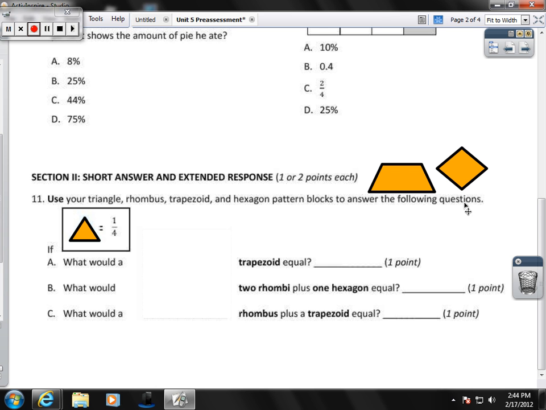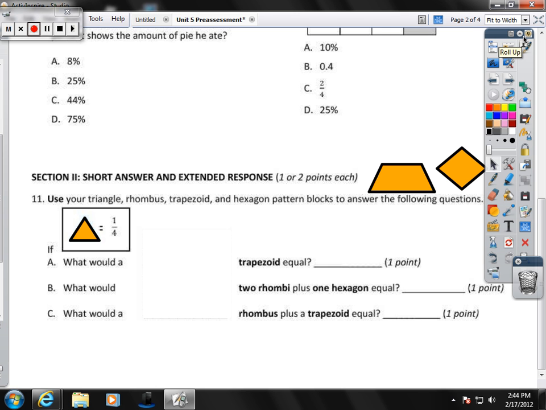So over here, I want to notice right now that I have one triangle that represents 1/4. What would a trapezoid be equal to? So I want to go over here and grab my trapezoid.